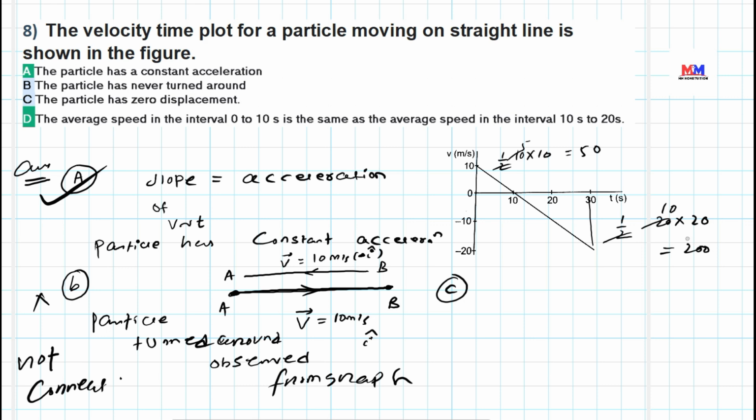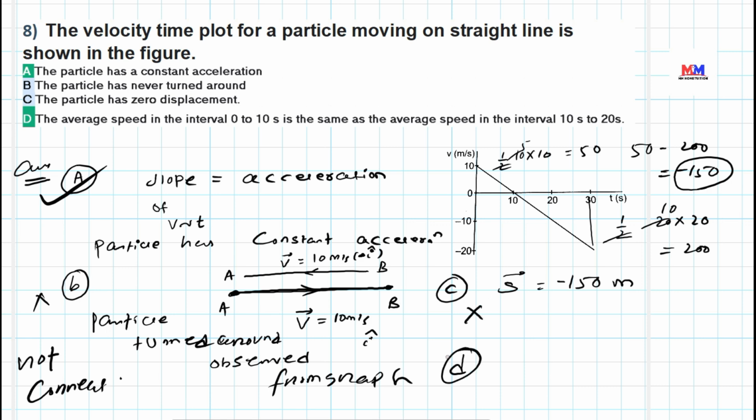So 50 minus 200 equals minus 150. The displacement equals minus 150 meter. So the particle does not have zero displacement, and this is also not correct.